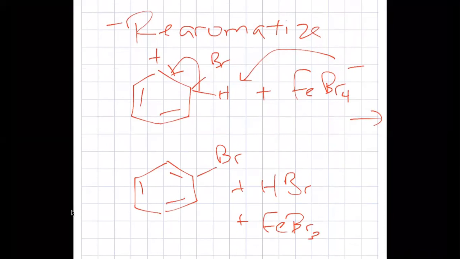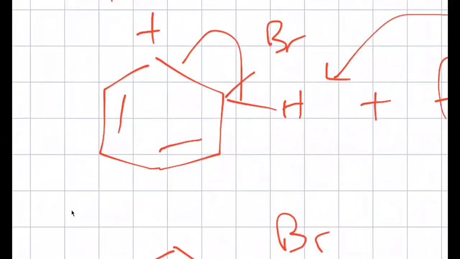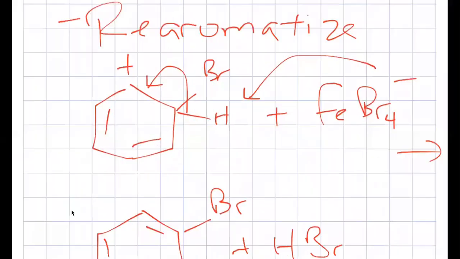One is to reestablish the aromaticity, but then two is to regenerate the catalyst. All right. Any questions about that mechanism?